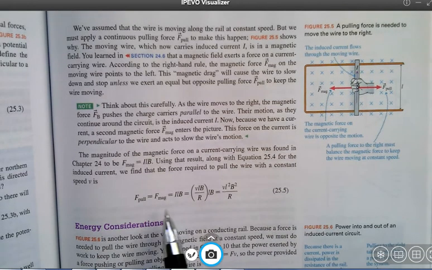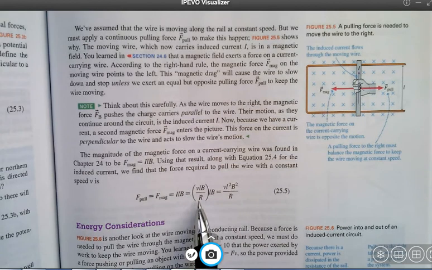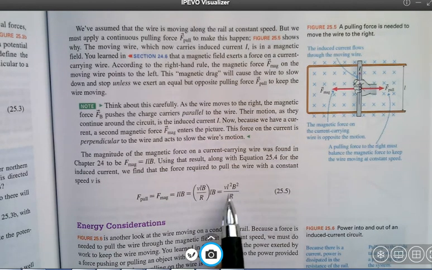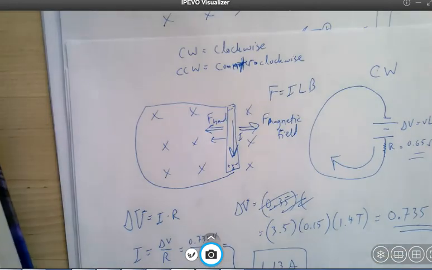So you can say that the force needs to be equal to ILB, but I, as we just found, was equal to vLB over R. Putting all those things together, you can see that this is vL squared B squared over R. Whoa, that's a lot of things, right?